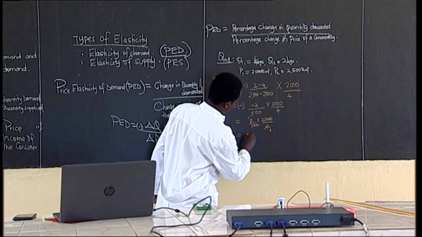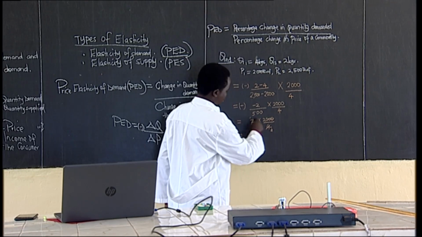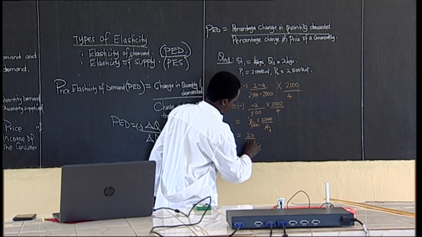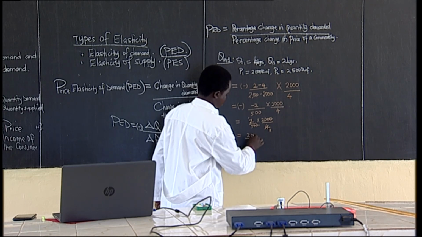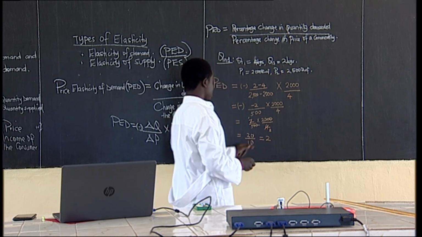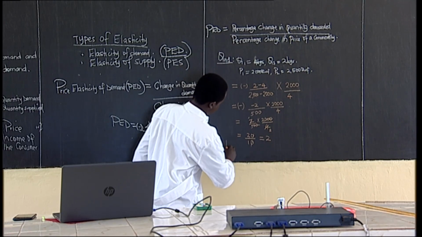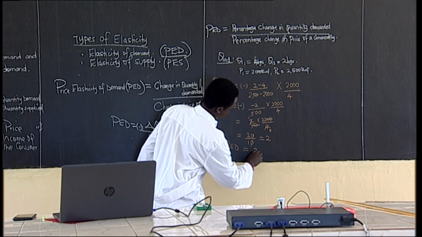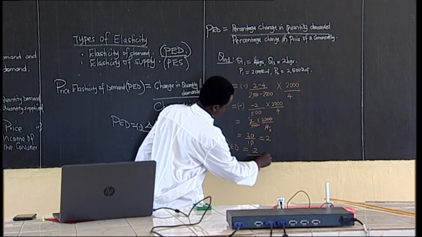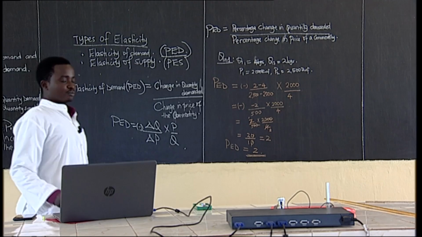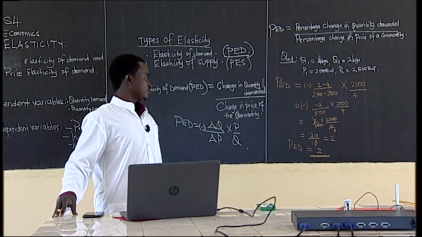So you remain with 1 times 20 over 5 times 2, which is 10. 20 divided by 10, you get 2. So our price elasticity of demand is equal to 2. This is how you can get your price elasticity of demand.